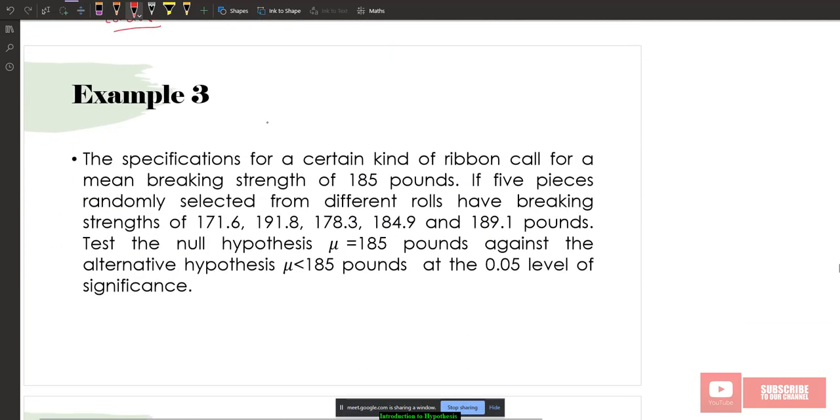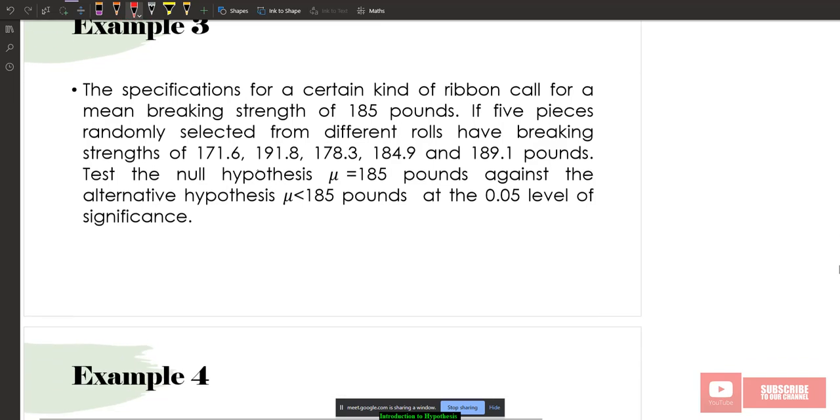And example number 3, when you have a small sample and the population variance is unknown, so what test are you going to use? The steps of conducting statistical tests are the same: first is the hypothesis statement, test statistic, critical value, decision, and conclusion.